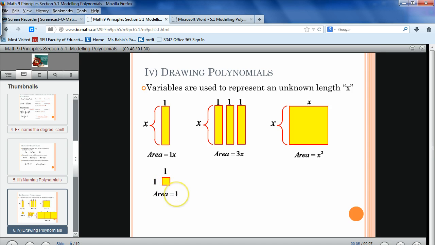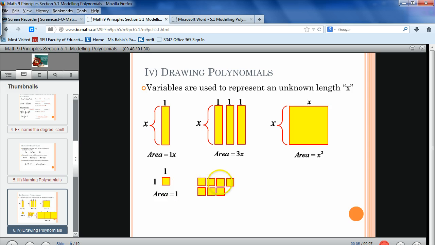That's just 1. Because actually these things are all based on little square blocks. And this has an area of 1, that's got an area of 1, so 1 times 1, that's 1. So the little squares are just the constants.